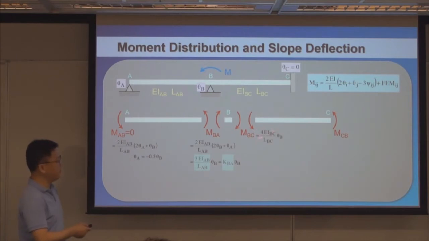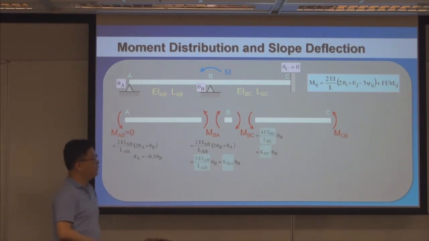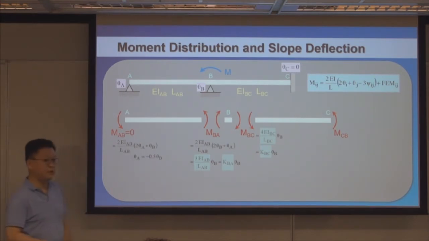MBC is 4EI_BC over L_BC times theta B. And again, for simplicity, we just express 4EI_BC over L_BC with KBC, stiffness coefficient BC. And then MCB is 2EI_BC over L_BC times theta B.